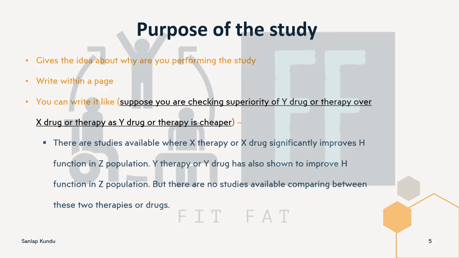Y therapy or Y drug has also shown to improve H function in Z population, but maybe there are fewer studies available. But there are no studies available comparing between these two therapies or drugs. So the purpose of our study is to find out the efficacy of X therapy or X drug over Y therapy or Y drug on H function in Z population, right?